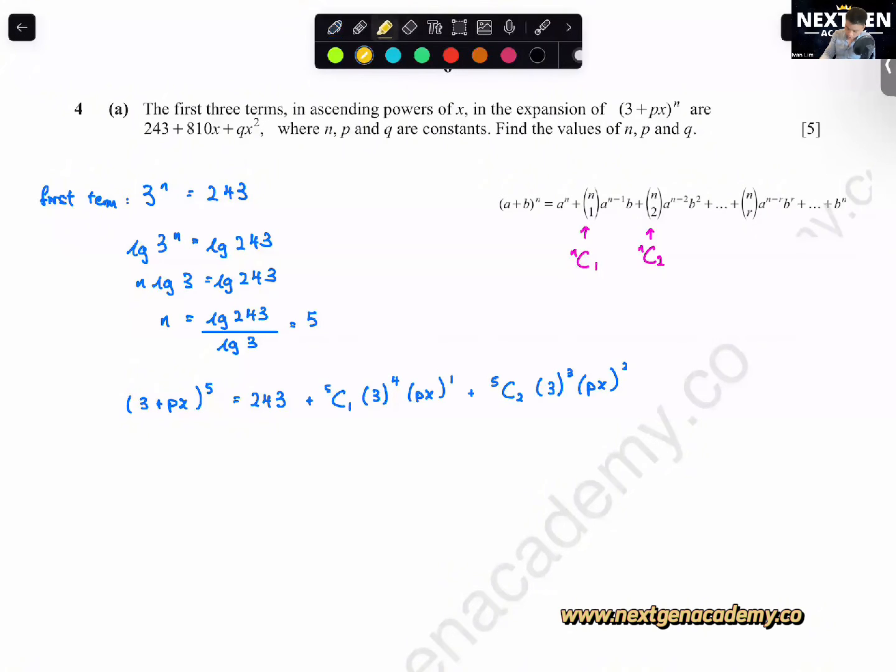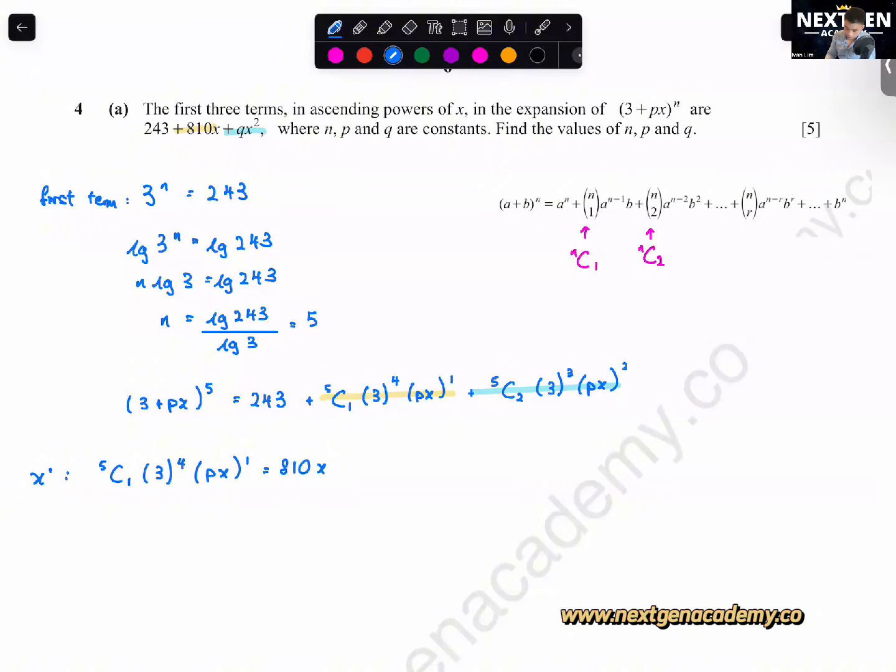Now we have to compare this 810x and this value, qx squared. I will do this 5C1 3^4 px, so I will do x to the power of 1 first. 5C1, 3 to the power of 4, px to the power of 1 equals 810x.